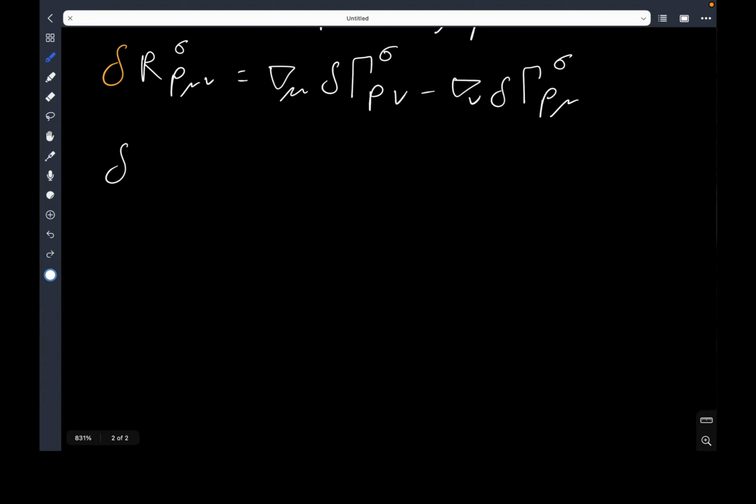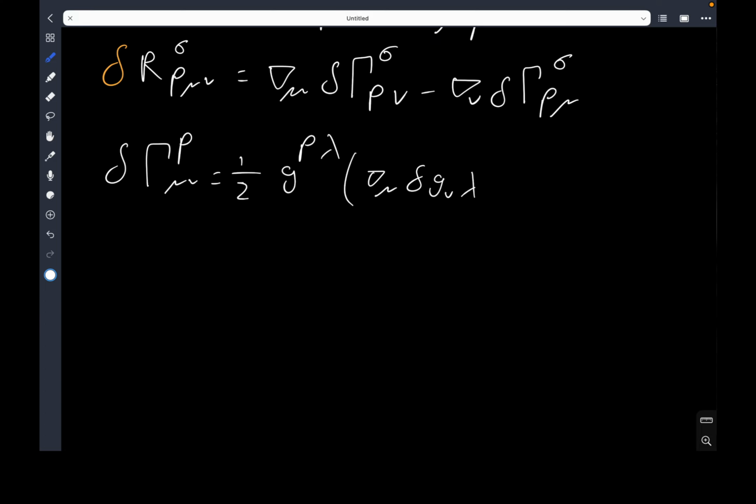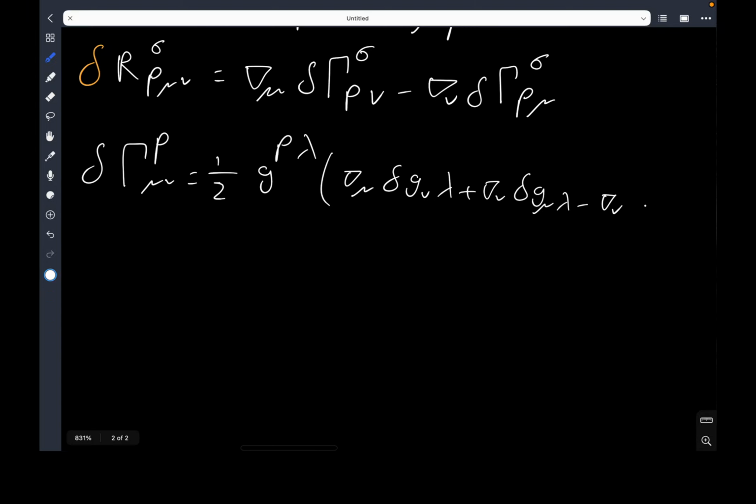We're going to use an identity that the variation of the Christoffel symbol rho mu nu is half g rho lambda times the covariant derivative nu of delta g mu lambda, plus the covariant derivative with respect to mu of delta g nu lambda, minus the covariant derivative lambda of delta g mu nu.